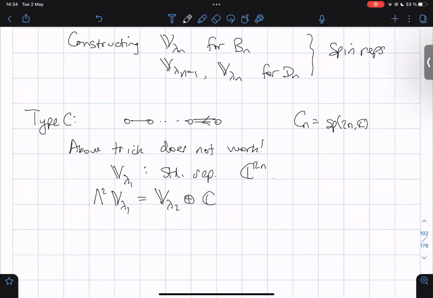Well, remember that for the symplectic guys, these are defined by an invariant bilinear form. We have an omega, a symplectic form.